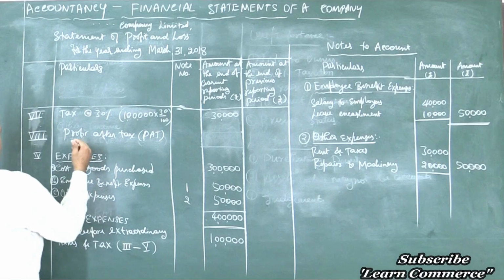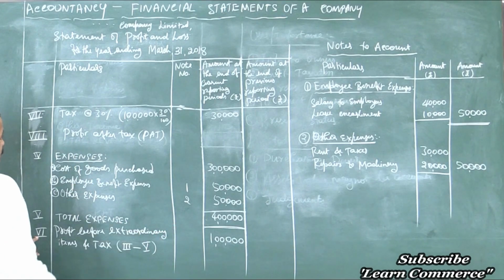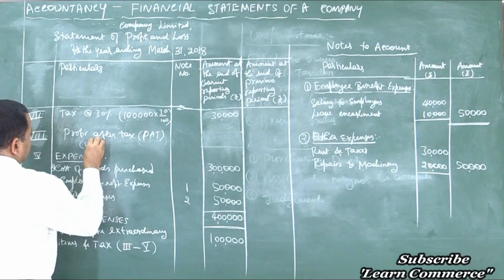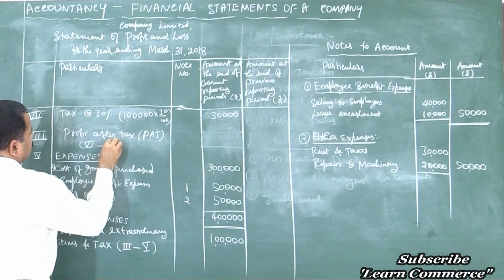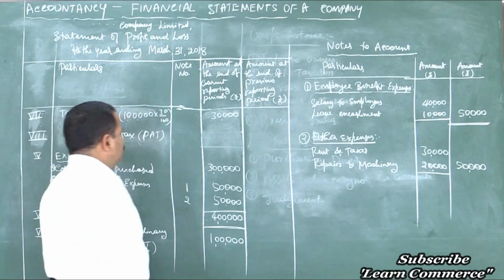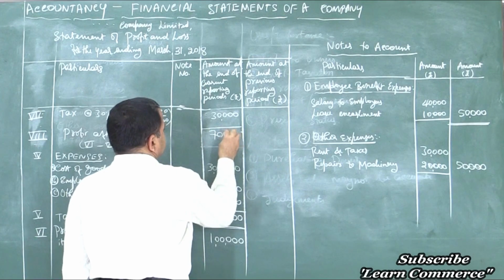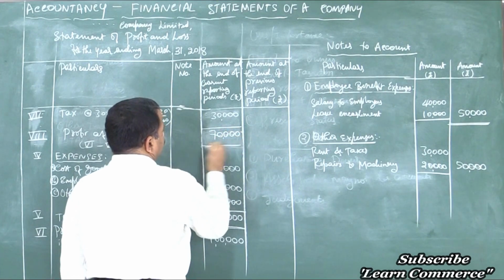Right here, 6 minus 7, correct? That's all. Profit after tax is how much? 1 lakh minus 30,000, 70,000 is the profit after tax.